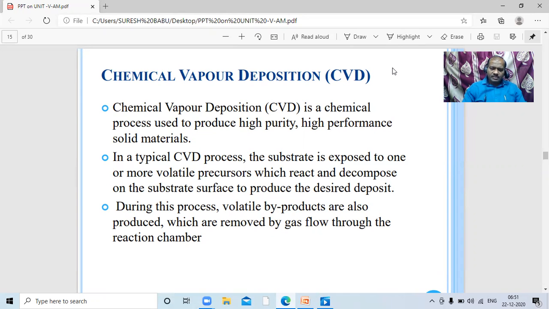That means the substrate is kept in one place and exposed to various types of gases that have the ability to react with the substrate material, and then deposit on that material. For this we need special equipment, a special temperature, and a specific environment around the substrate, which depends on the process.